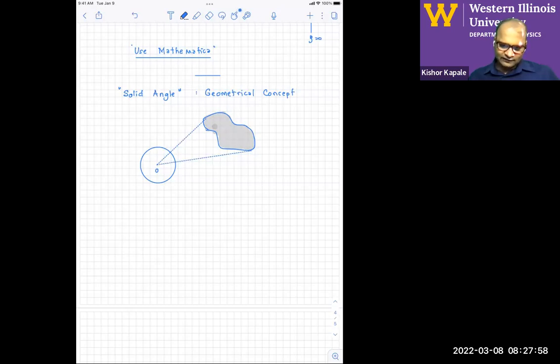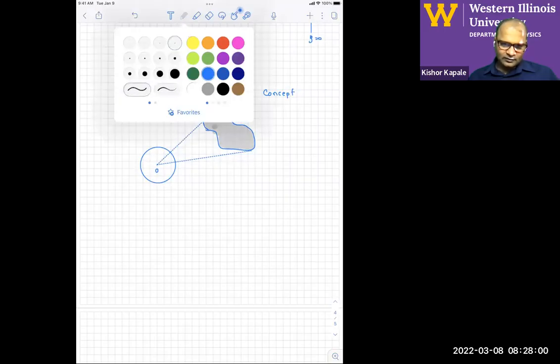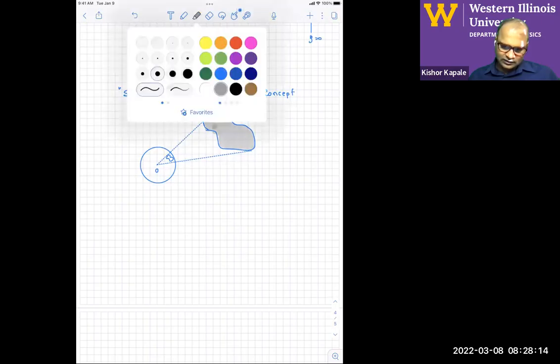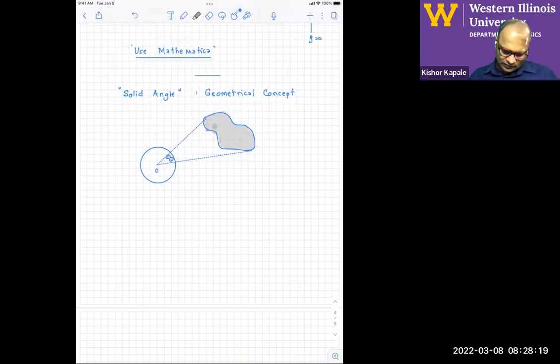And it is as if we get a tiny image of the surface over here, on the unit sphere, right? So the radius of this is 1. That's important. It's a unit sphere.